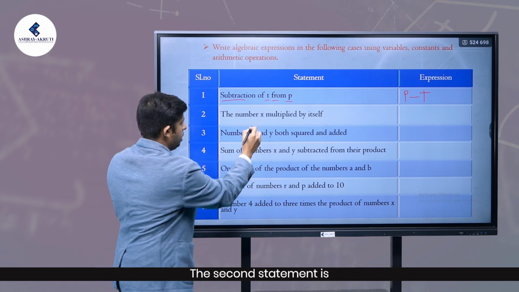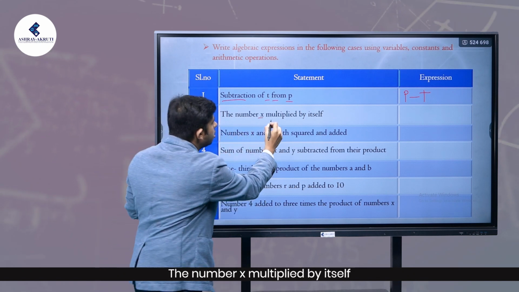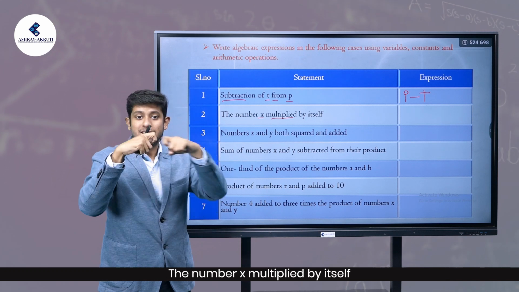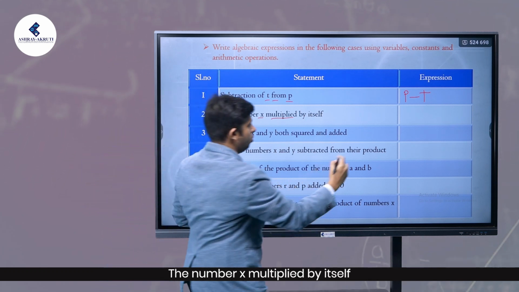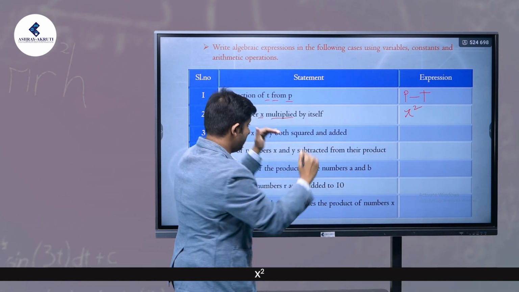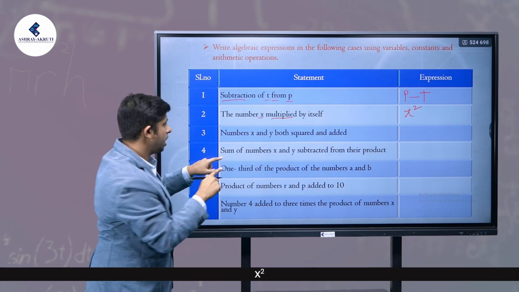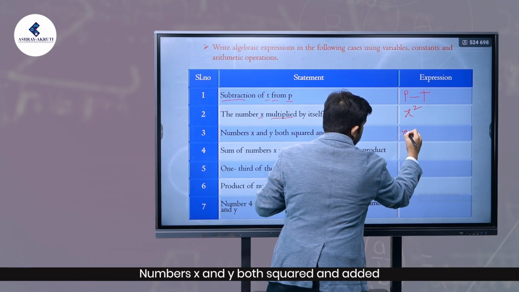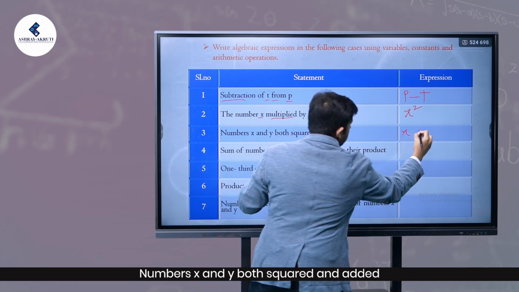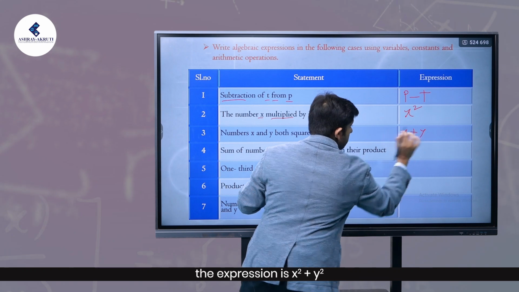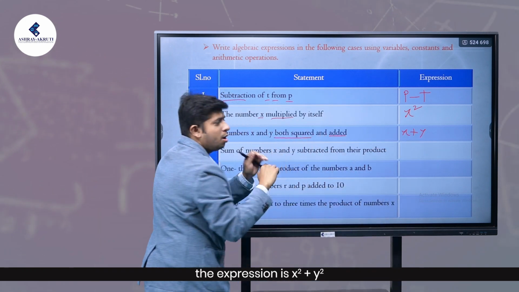The second statement is the number x multiplied by itself. x square. Third statement, numbers x and y both squared and added. The expression is x square plus y square.